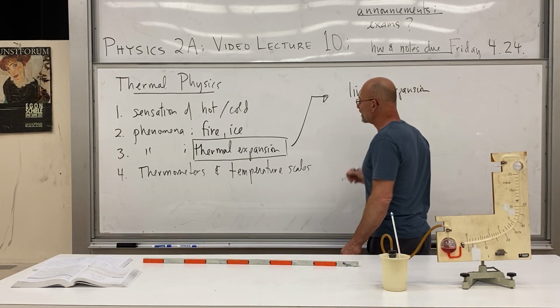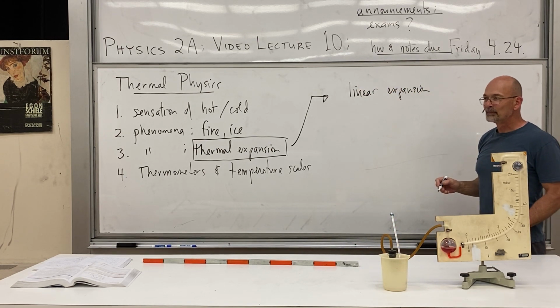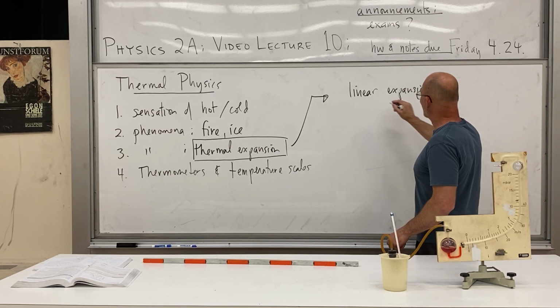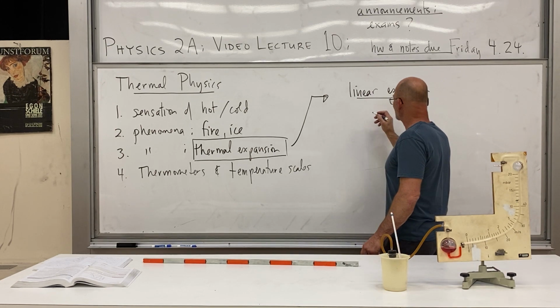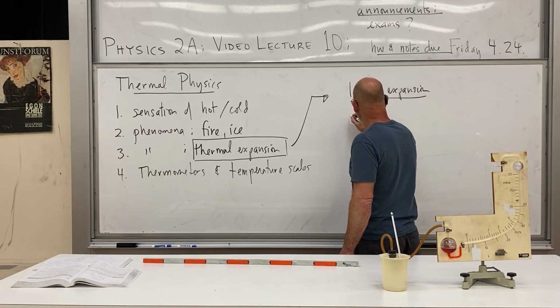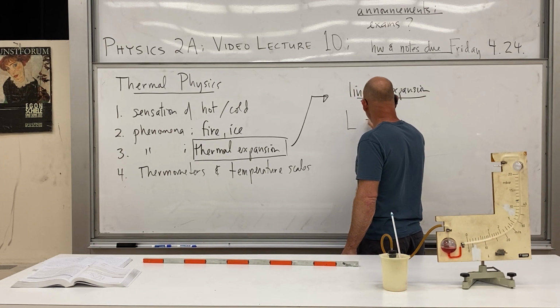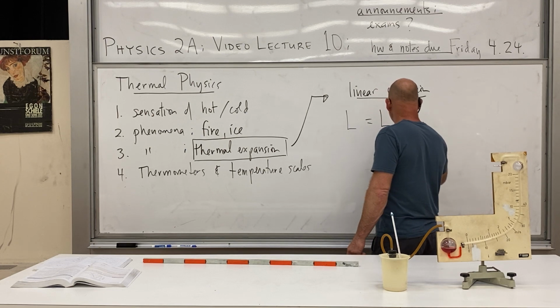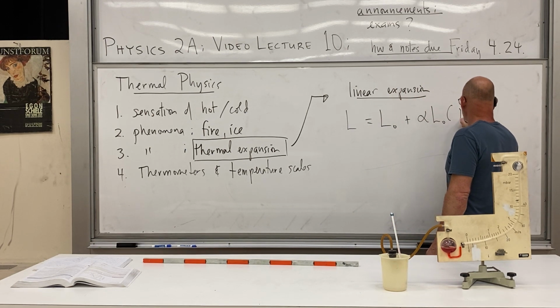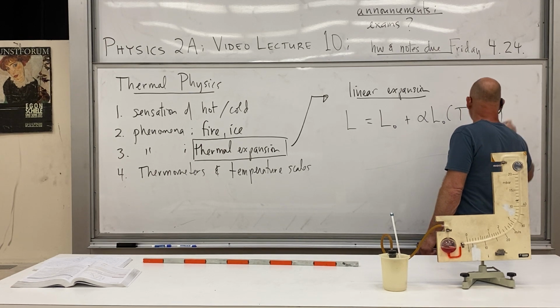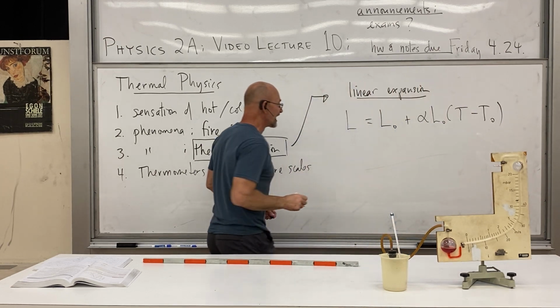All of the linear dimensions of an object will expand when heat is applied, or when its temperature is increased. And the expansion will look like this: L equals L0 plus alpha L0 (T minus T0). That's the formula for thermal expansion.